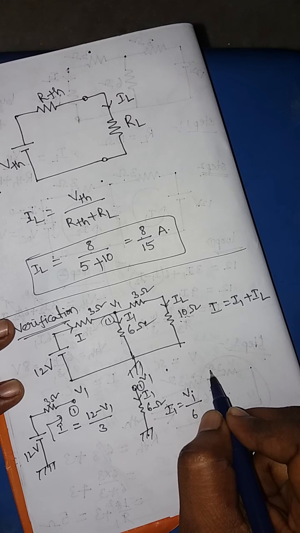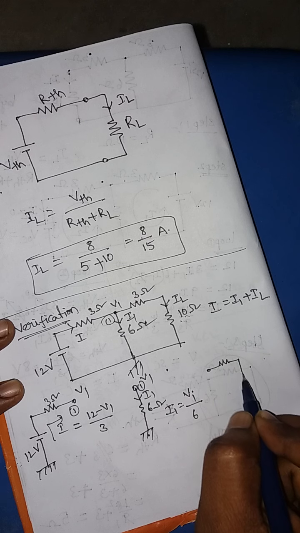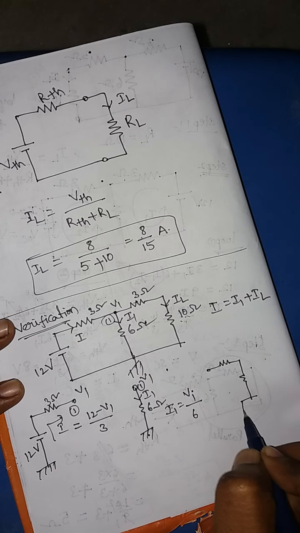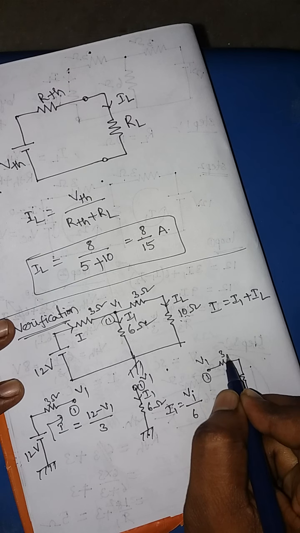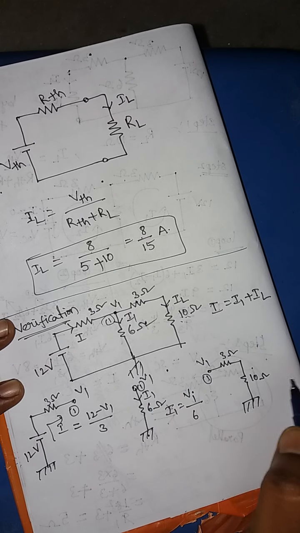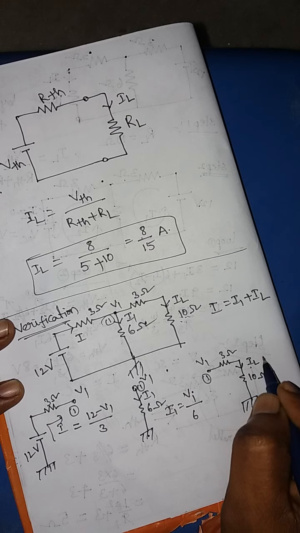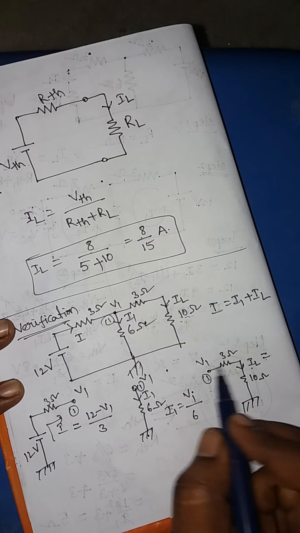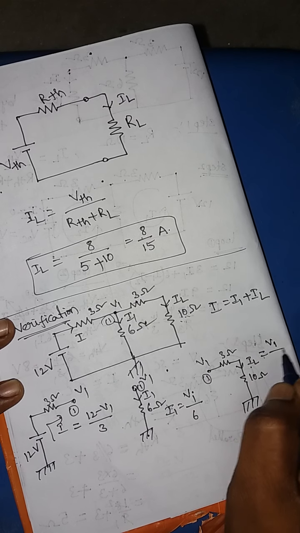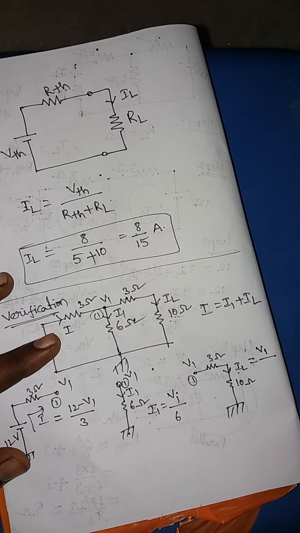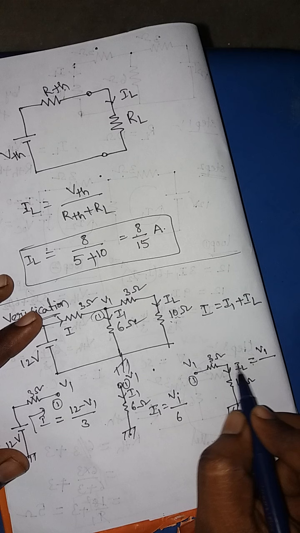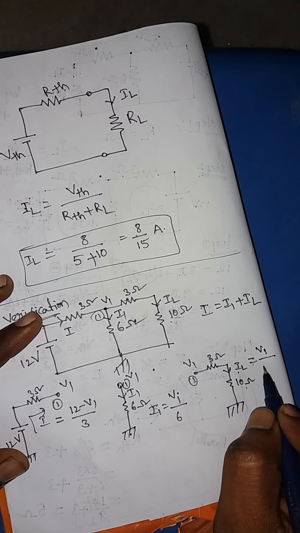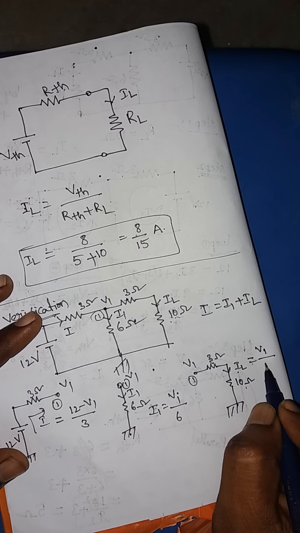And the IL branch: this is node 1 V1, 3 ohms, 10 ohms. So this is the current IL. IL is equal to node voltage V1 minus ground voltage, 0 obviously, divided by 3 plus 10, because these two are connected in series, I take this series combination as 3 plus 10, that is 13.